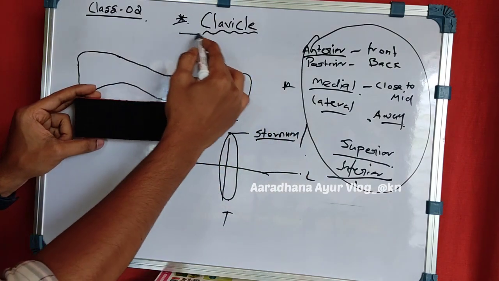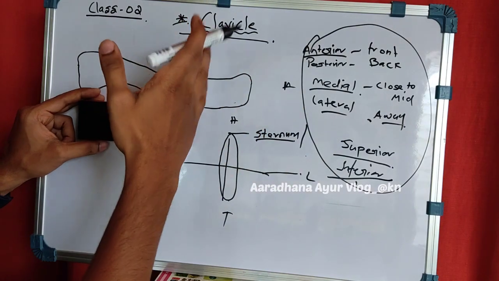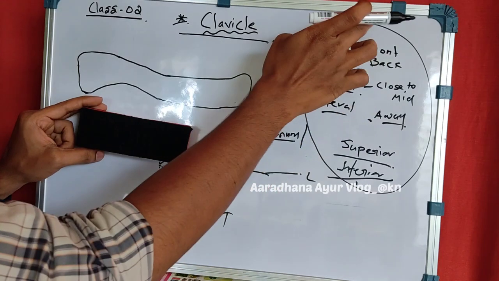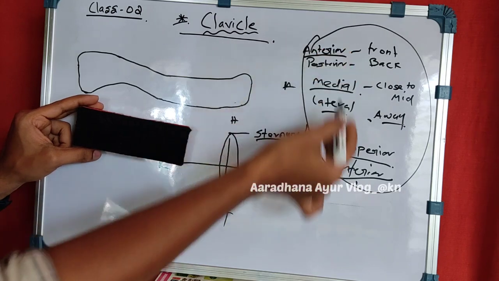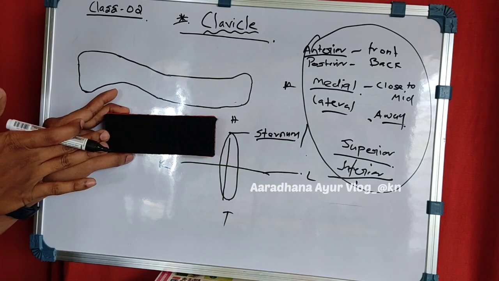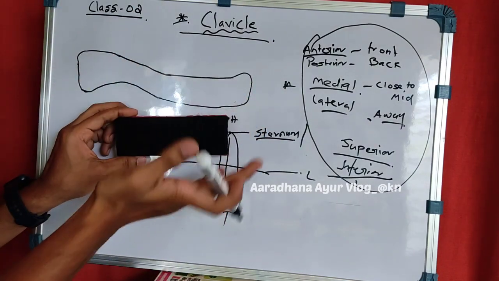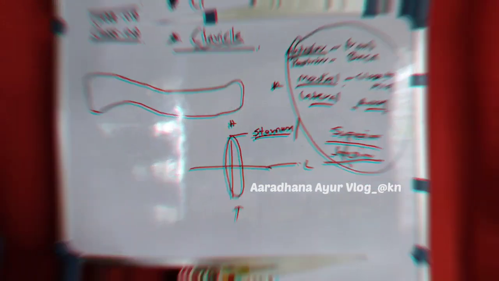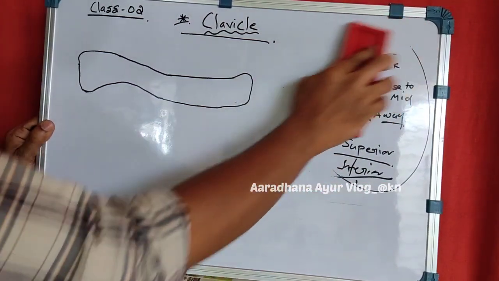This terminology part we will deal with as a separate class. To understand the clavicle, or to study any bone or organ, we need that. We will deal with the terminology in the next section. For this session, we need to know medially, laterally, anteriorly, and posteriorly. The top one is superior and the down one is inferior.